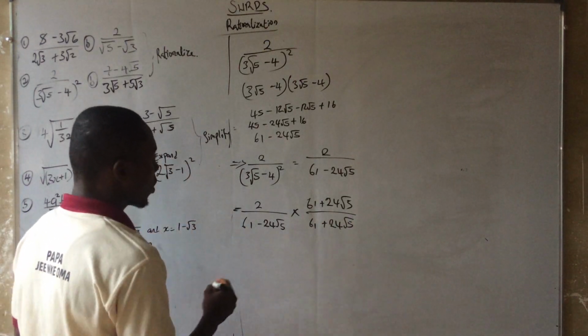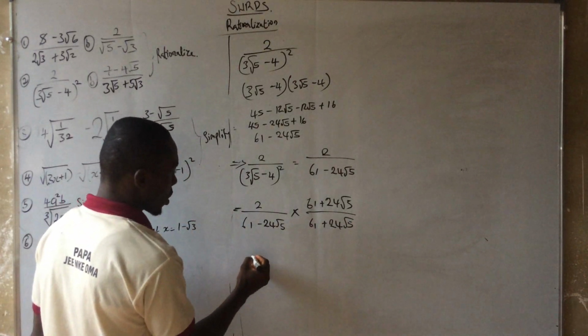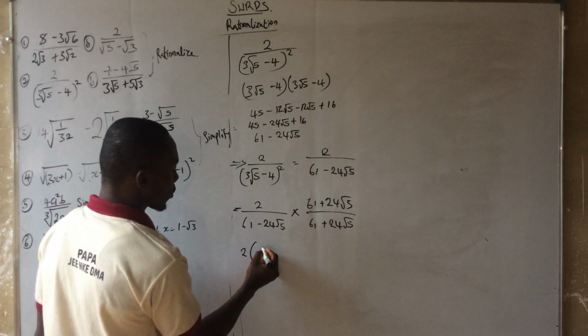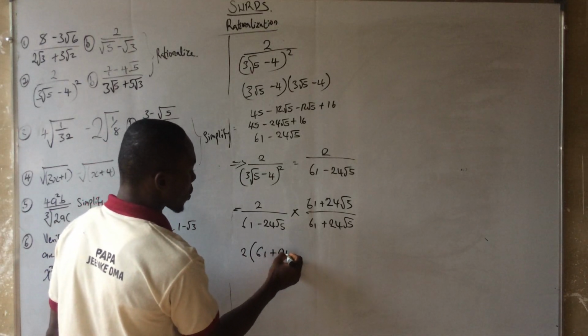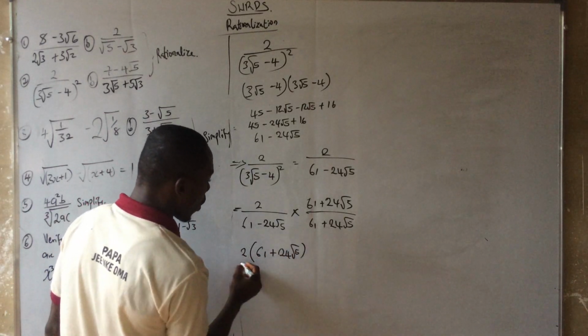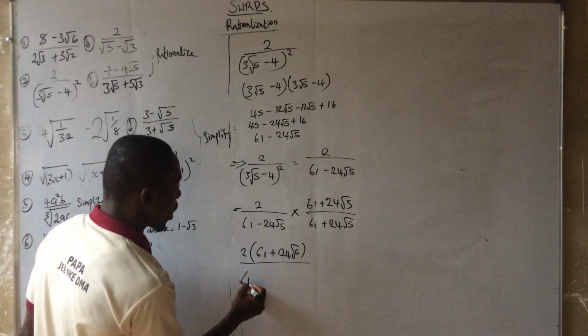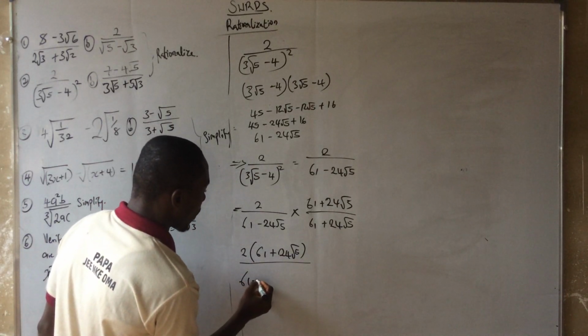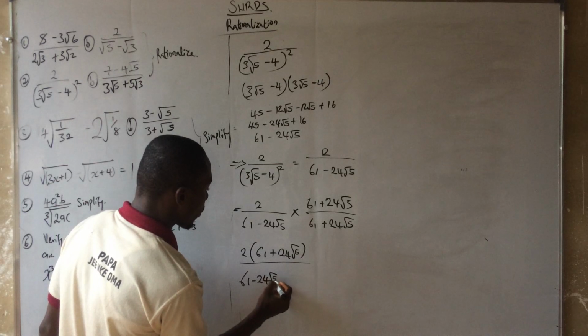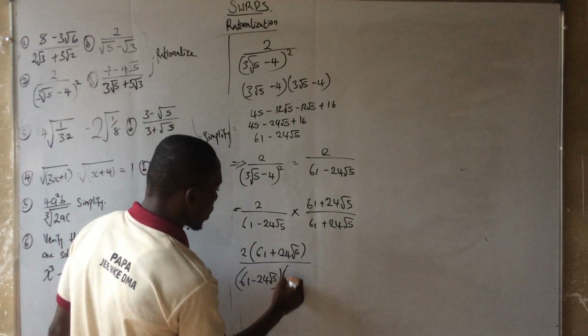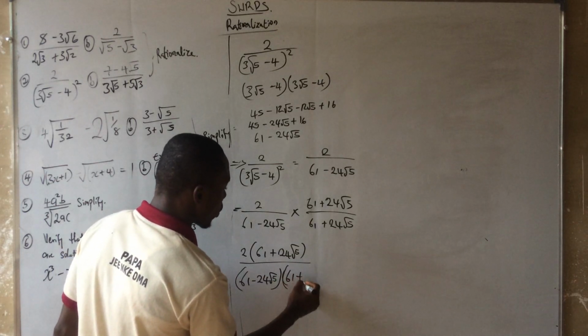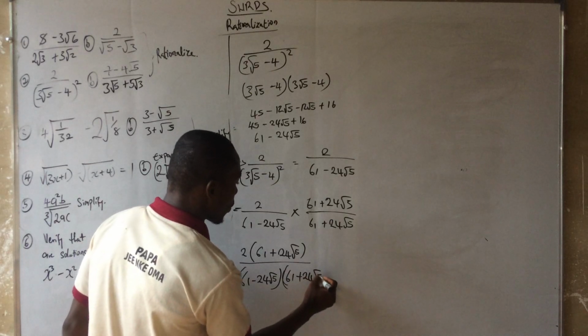So next, it is 2 bracket 61 plus 24 root 5 all over 61 minus 24 root 5 in bracket, this other one in bracket, 61 plus 24 root 5.